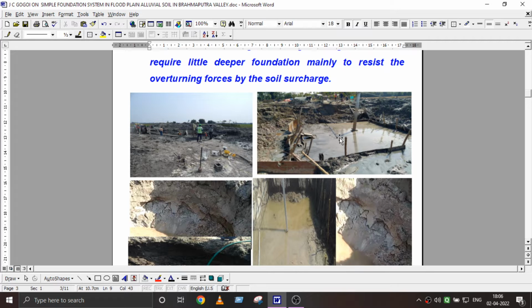Liquefaction normally happens when seismic vibration occurs; during that, pore water comes out and soil particles come up almost in a liquid state where shear strength is zero.